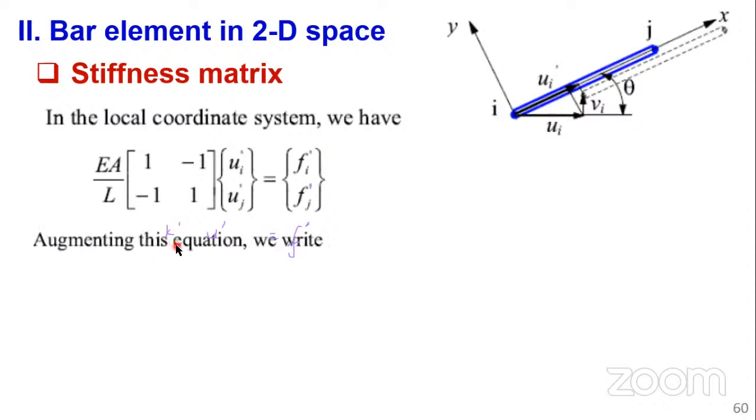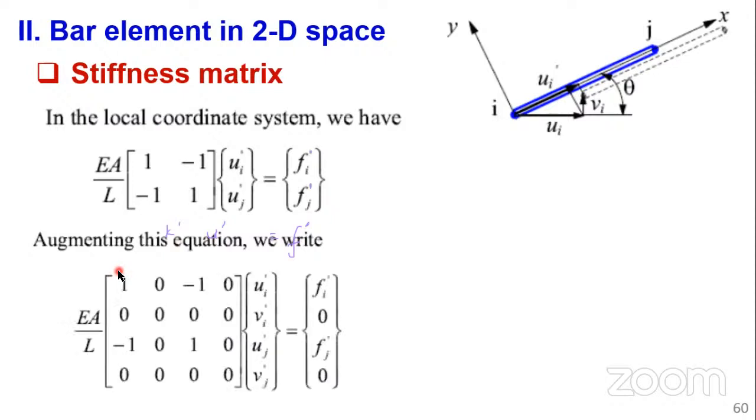So when you see augment, it means you expand it to include more terms. What we are saying is that this equation, the one at the top here, just had the U and the V, UI, UJ.